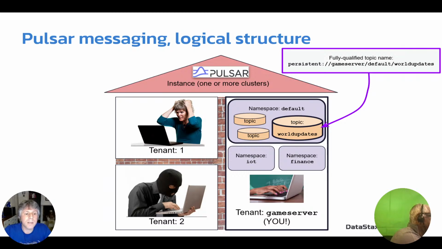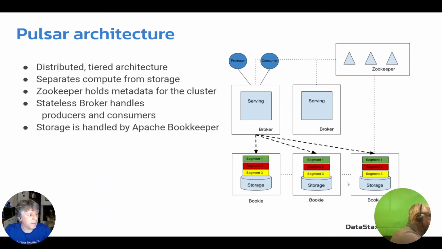So there is a tenant called game server, which contains a namespace called default. And then there is a topic called word updates. So you see in the balloon here, the fully qualified name for your topic will be tenant / namespace / topic name. And this is something you have to remember because you always have to start with a tenant.